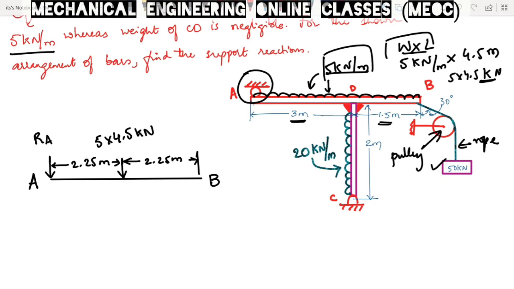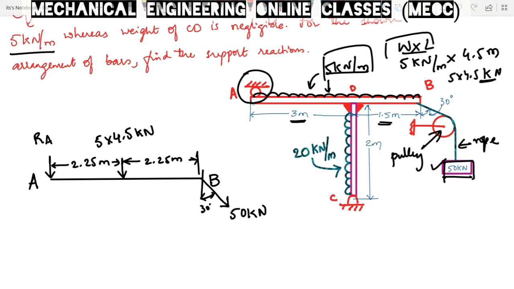When I am considering point B, the pull force will be away from point B, and the tension in the rope will be along the rope only. The rope is at 30 degrees from vertical. The tension in this rope will be equal to the weight it is sustaining, which is 50 kilonewton force. So all the loads that are acting on AB are taken down.